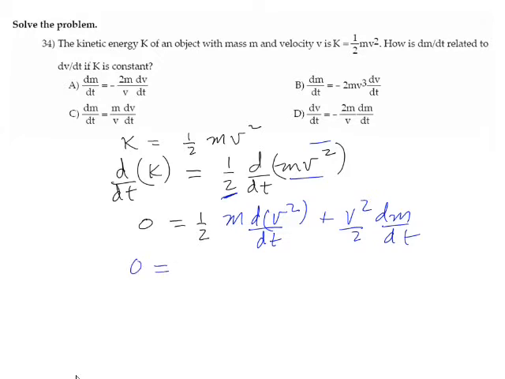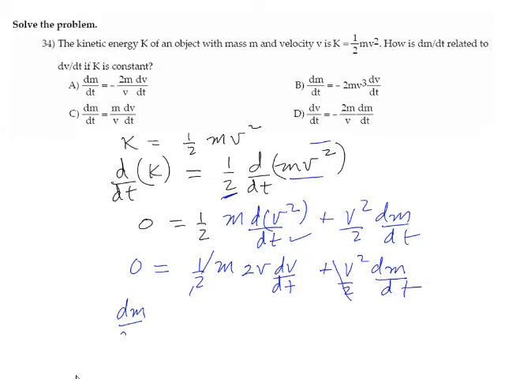Now we've got to use the chain rule: 1/2 m, d/dt of v squared is going to be 2v dv/dt, plus v squared over 2 dm/dt, and you're going to see that we're going to be able to cancel out the 1/2s here and get that dm/dt is equal to minus 2mv dv/dt, all divided by v squared.